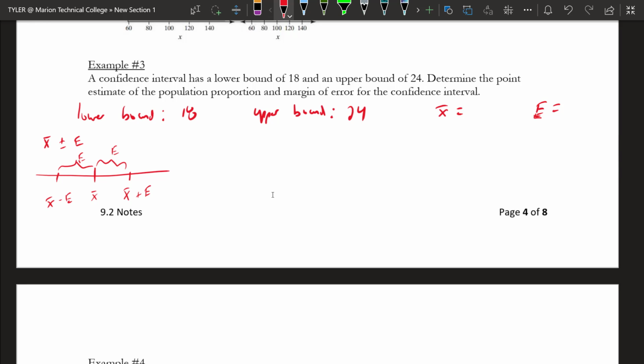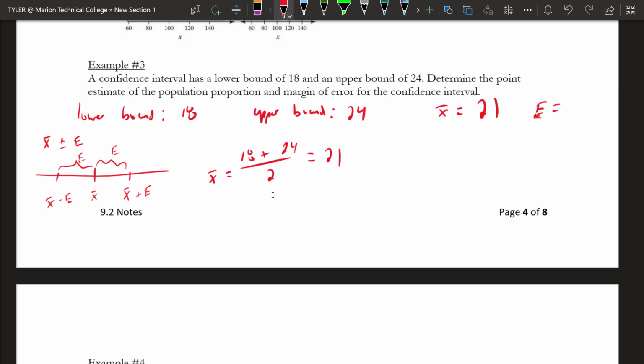So then x bar is going to be the midpoint. Remember how you find a midpoint from algebra: you average the 2 values. So we're going to take 18 plus 24 divided by 2 to find the midpoint, and this comes out to be 21. So x bar is going to be 21.